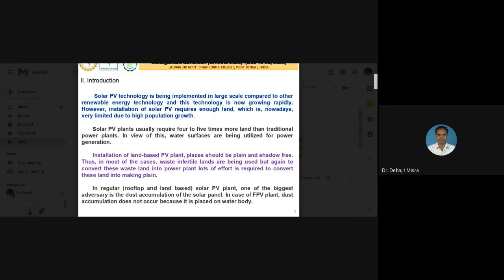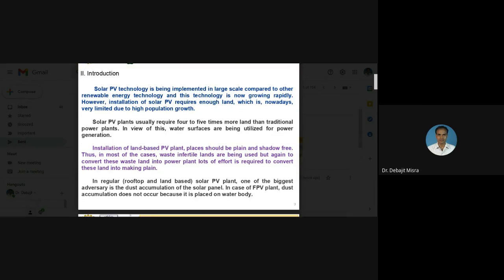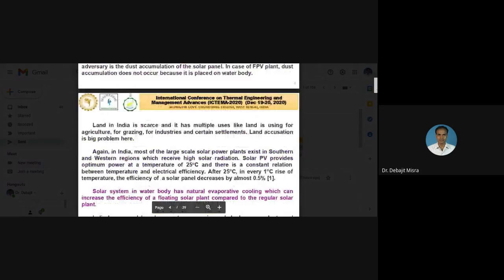Thus, a floating PV plant can be used, because at floating PV plants there is always evaporative cooling, which also cools the plant. As land is scarce in India and is used for multiple uses like settlement, land acquisition is a big problem here. Everyone knows that. Thus, solar plants are located in the western and southern parts of the country.